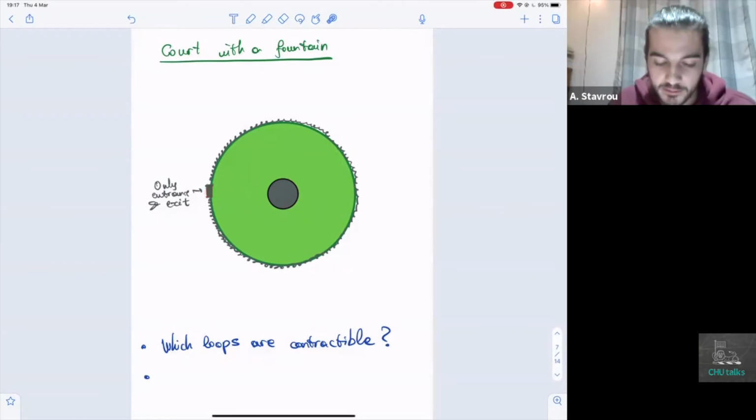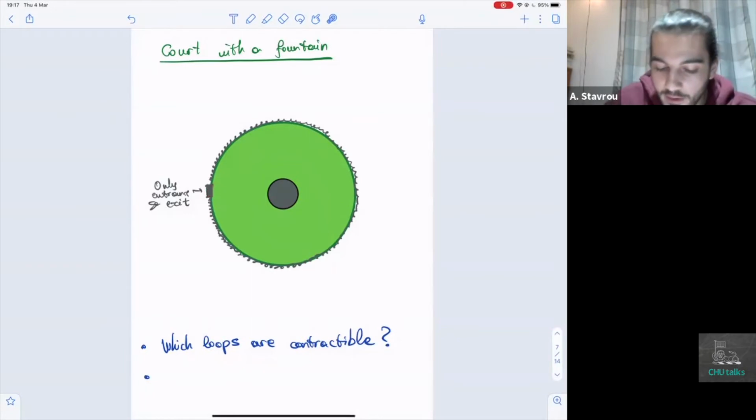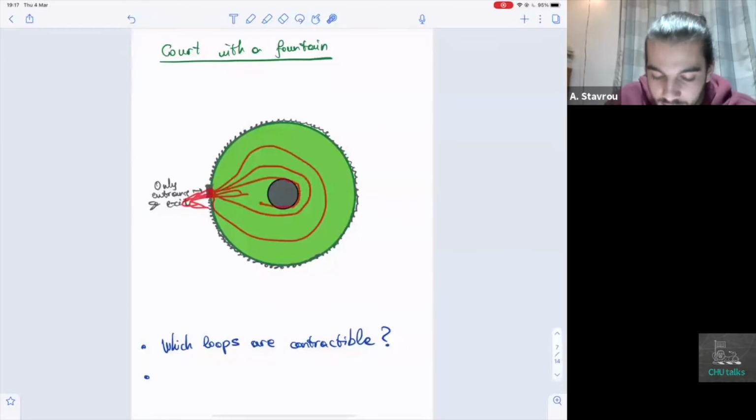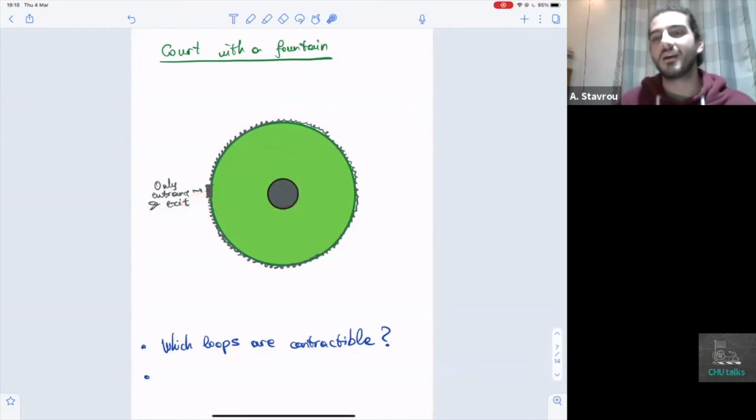For example, this rope would be able to be pulled all the way down to standstill, all the way to the entrance, because it doesn't go around the central fountain. If you go around the central fountain and somebody pulls the loop here, it would get smaller and smaller, but it wouldn't be able to go all the way without bringing down the fountain.